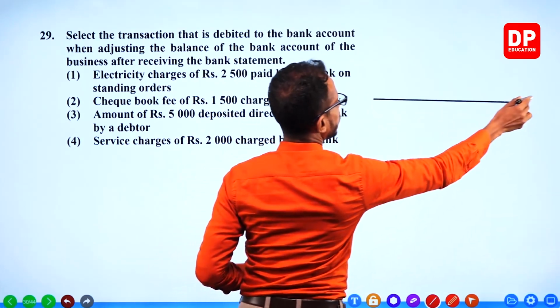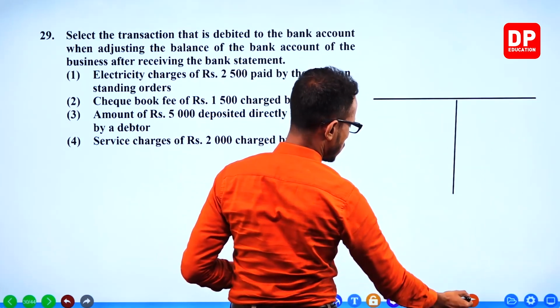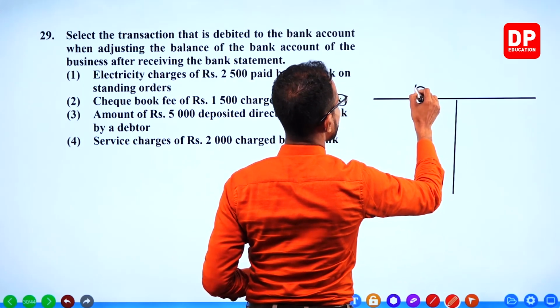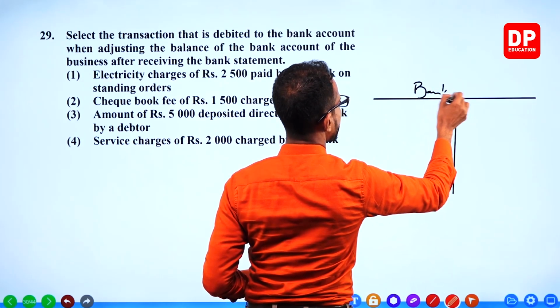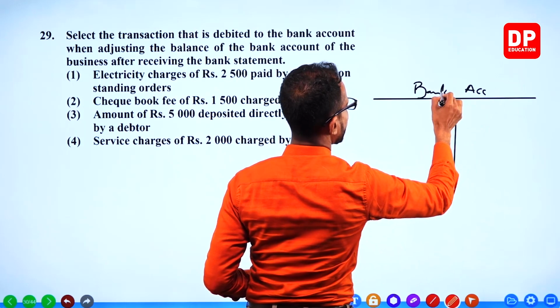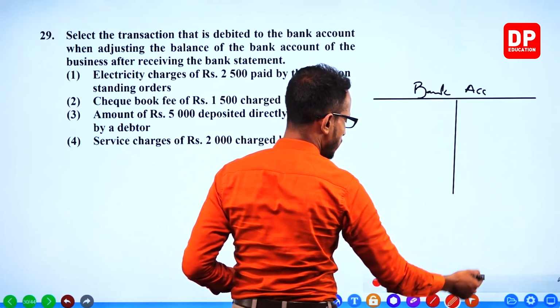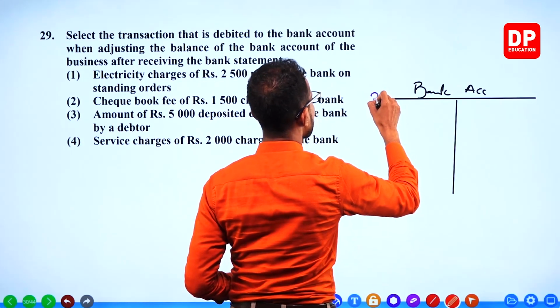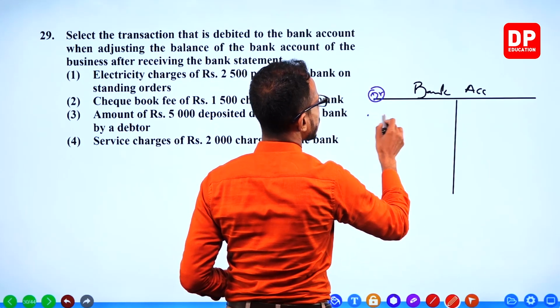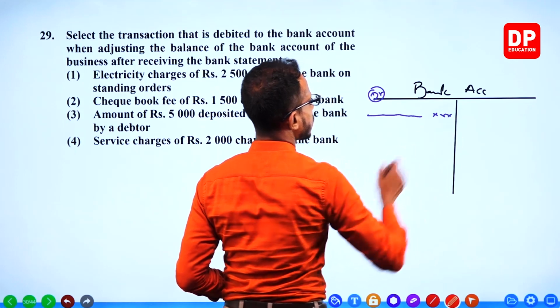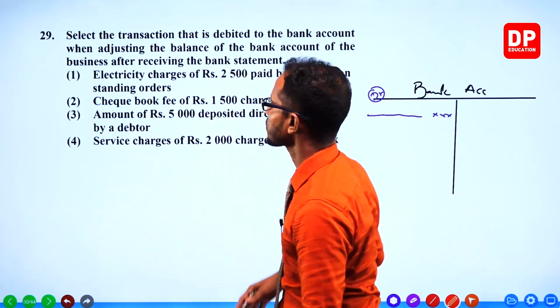They're asking what transaction should be debited. To the debit side, let's see.